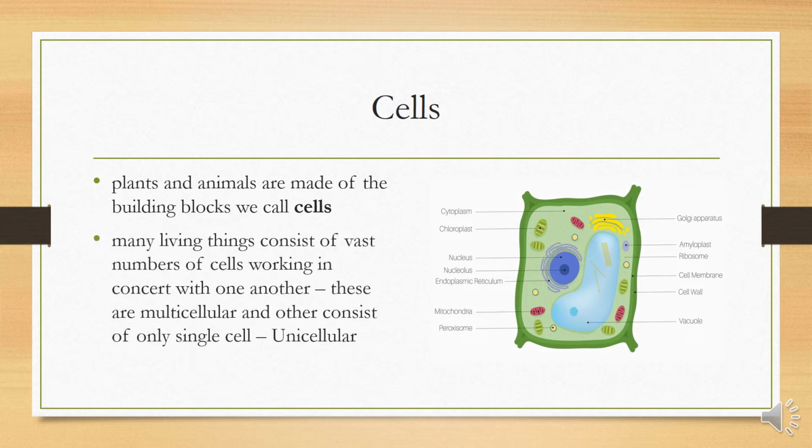So many living things consist of vast number of cells working in concert with one another. These kind of organisms are known as multicellular organisms, and some have only single cell known as unicellular organisms.